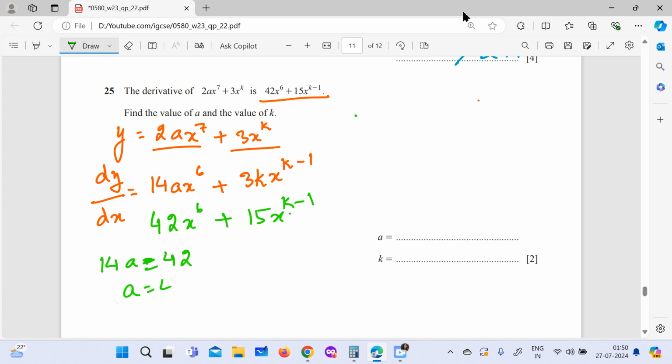So a equals 42 over 14 and a equals 3. Now here we can write 3k equals 15. So k will be 15 over 3 and k is 5. So a is 3 and k is 5. I hope this is clear.